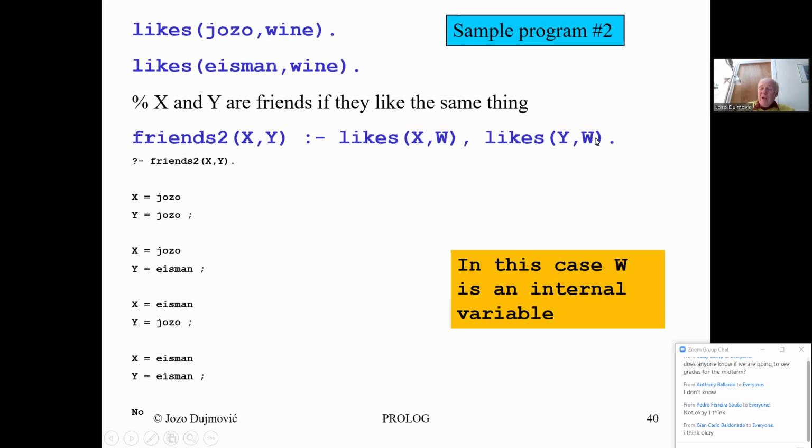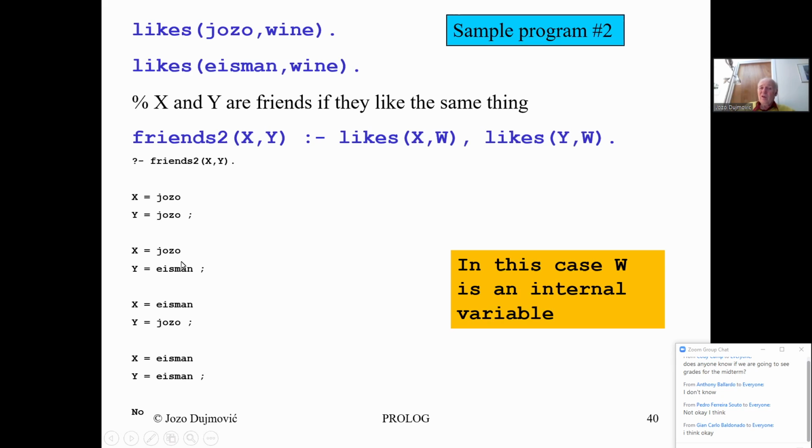Now, if you want to know what they have in common, what would be necessary to do in order to know what this W is? There are two possibilities. The first is to put this W here in the list of variables, X, Y, comma, W. Then you would get the results, Jozo, Iceman, and W equals wine.